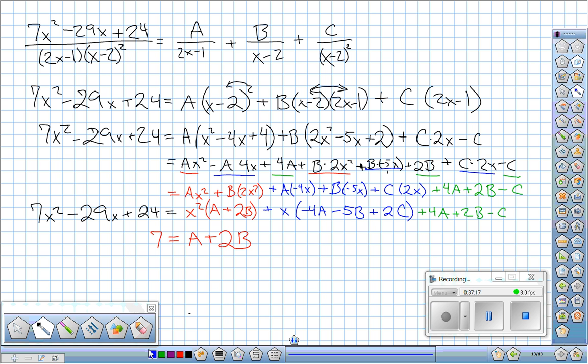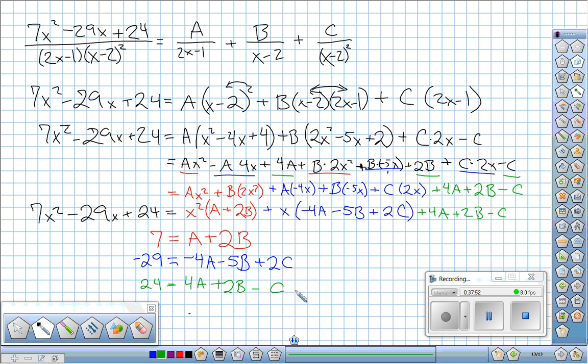And then I have to have negative 4a minus 5b plus 2c is equal to negative 29. And then I'm just kind of dropping the x's. Then my other color, I have just 24. I don't have any x's that I have to worry about dropping. And that's equal to 4a plus 2b minus c.